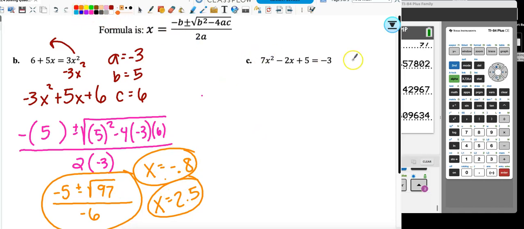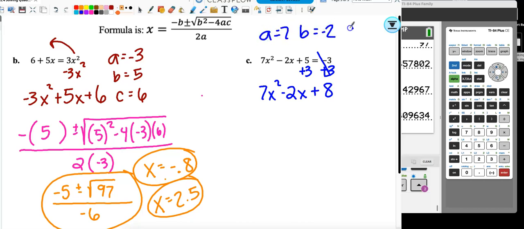I've got the quadratic formula. Need to make sure everything is on the same side. So let's add 3 to both sides. 7x squared minus 2x plus 8. Let's find our a, b, and c. So a is 7, b is -2, and your c is an 8.